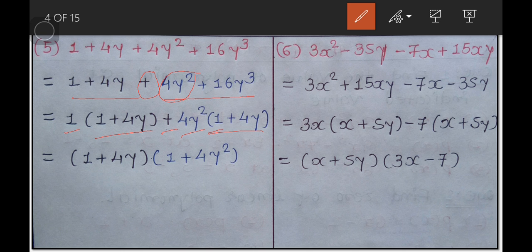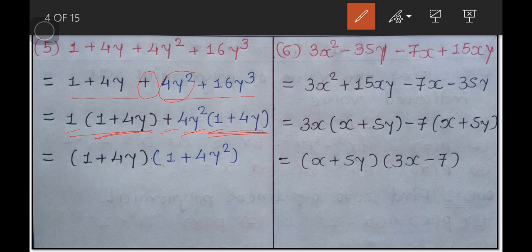So here we find two groups of terms: 1 into (1 plus 4y) plus 4y² into (1 plus 4y). Now you can see that in both terms there is a common bracket, 1 plus 4y.